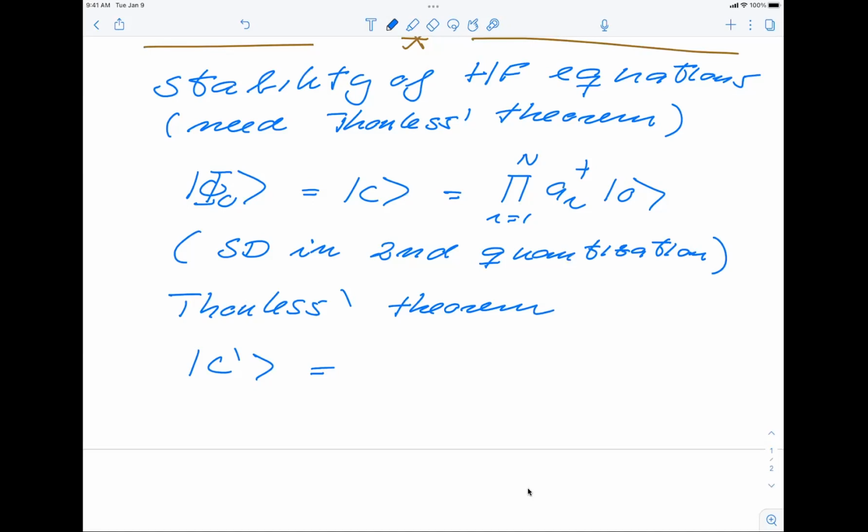So what it says is that an arbitrary Slater determinant can be written out in the following way.